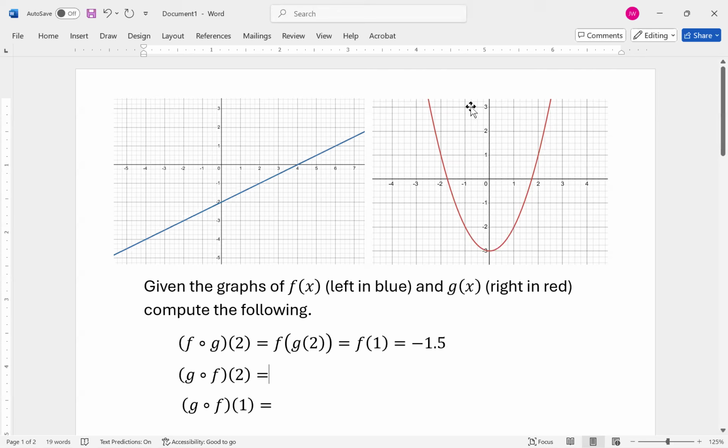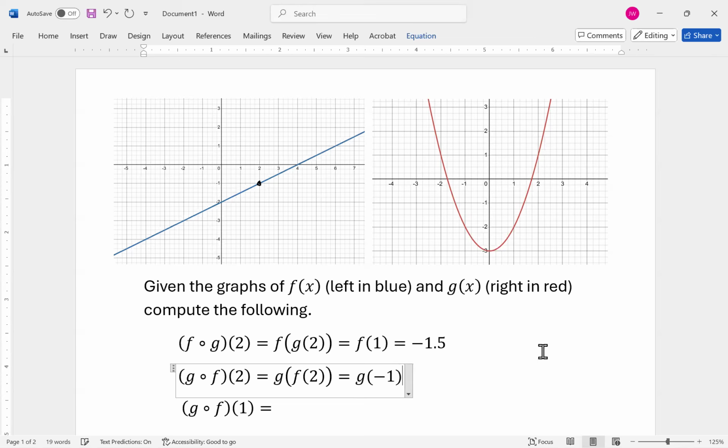What if we did g of f of 2? Well, the first thing we need to do is figure out what f of 2 does. Once again, we turn to the graph of f, which is here on the left. When we input an x value of 2, you get a y value of negative 1. So g of f of 2 becomes g of negative 1.